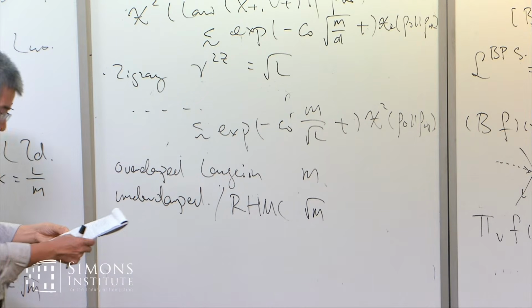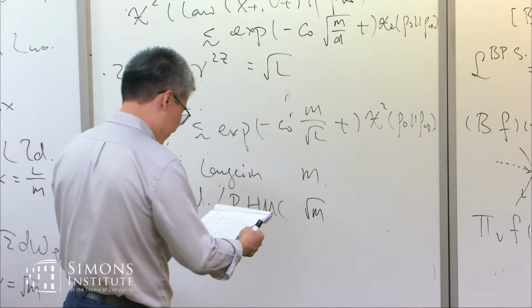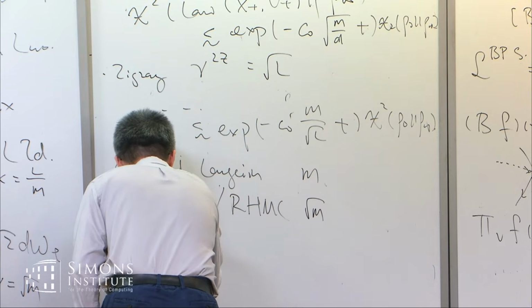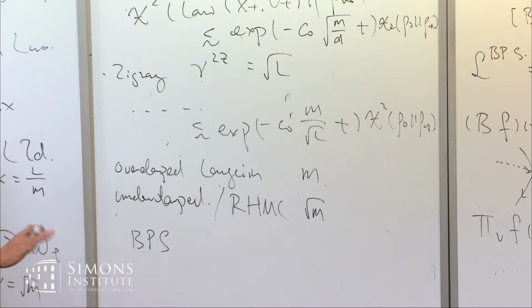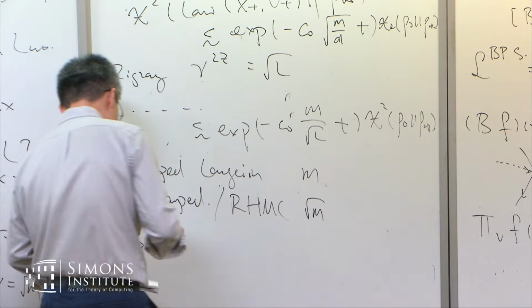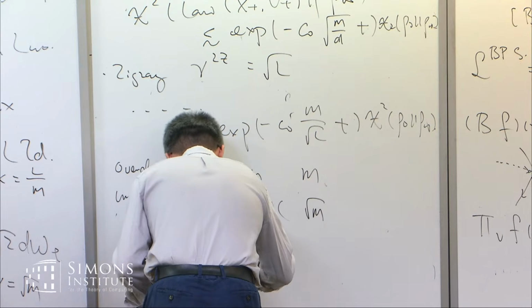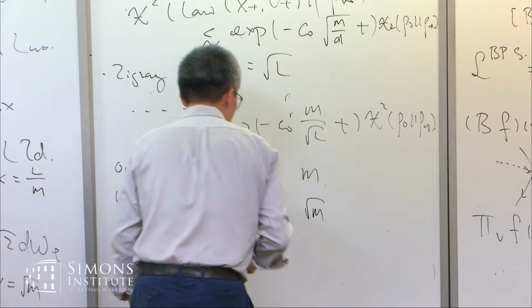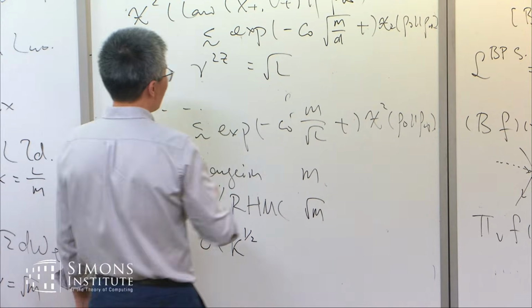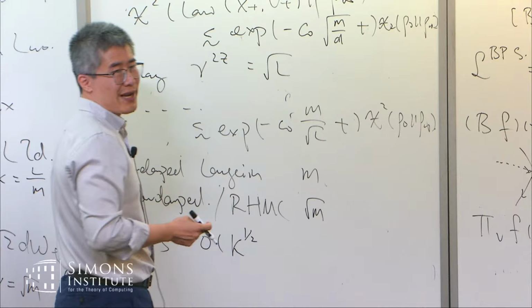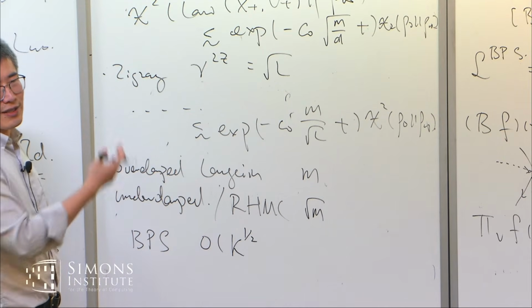Let me actually put that down. What is the final complexity? The BPS complexity, this is the query complexity from cold start, so there was no warm start assumption, and this is order of kappa to the half. If you remember the lower bound, the kappa matches the lower bound. But because the dimension dependence is here, actually the dimension dependence is worse than MALA.